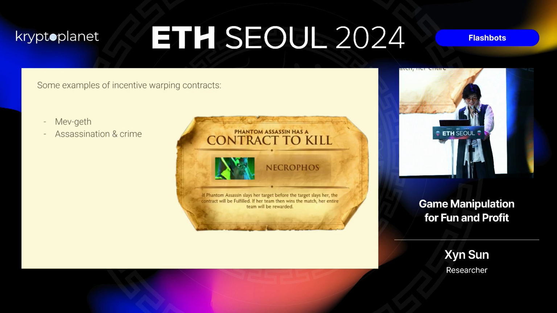Then a fun one is assassination and crime, right? Since the invention of cryptography, there have been multiple theories that people are super fascinated by, which is using cryptography to enable permissionless assassination markets.